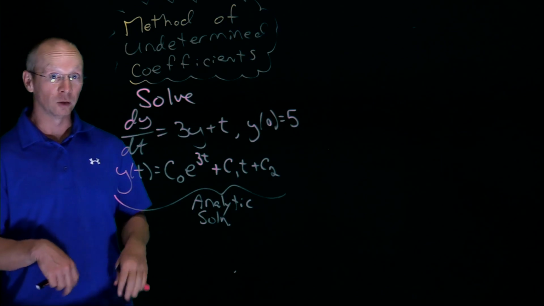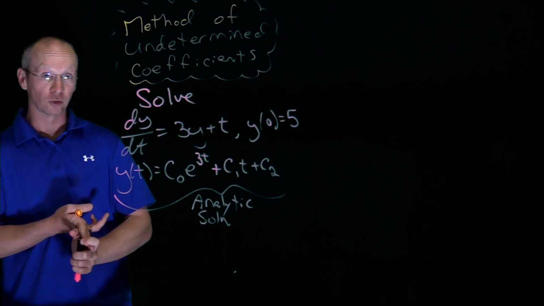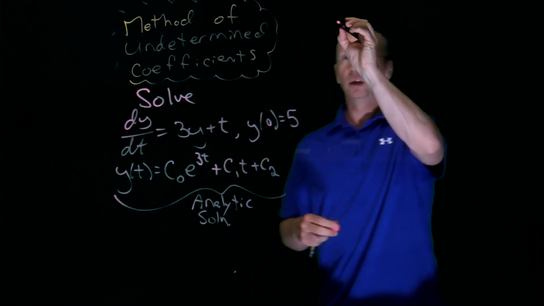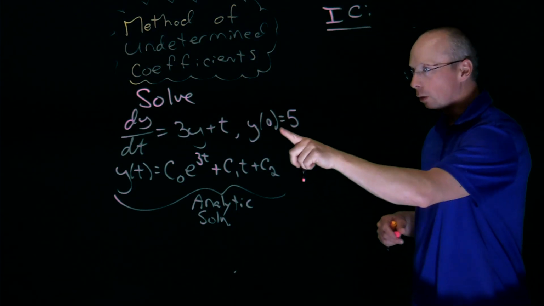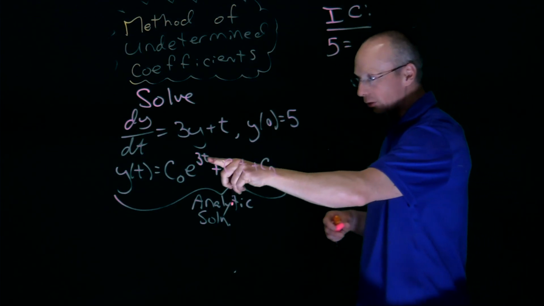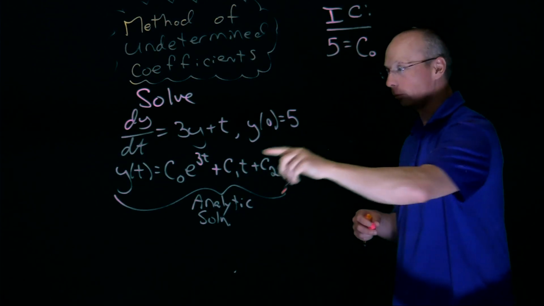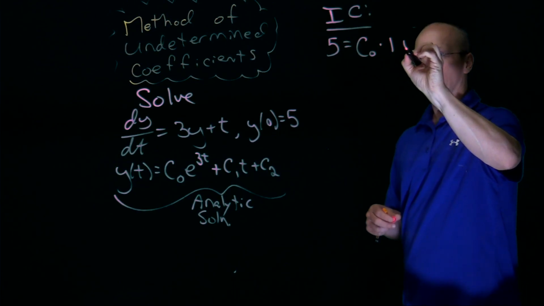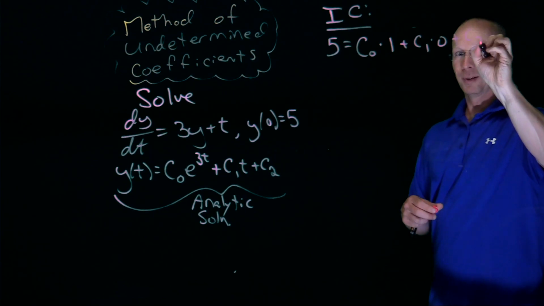What we're going to do now is use the initial condition and use the particular solution to figure out what the constants are. So if I use the initial condition, y of 0 is equal to 5, that means I can say 5 equals, and I'm going to put zeros in for the t's, so that's c0 times e to the 0, well that's 1, plus c1 times 0, plus c2.